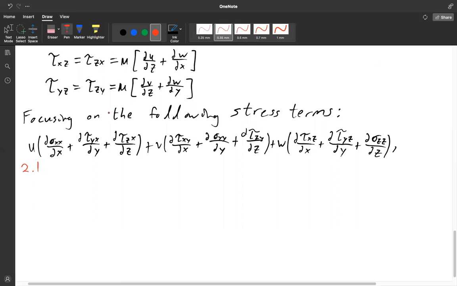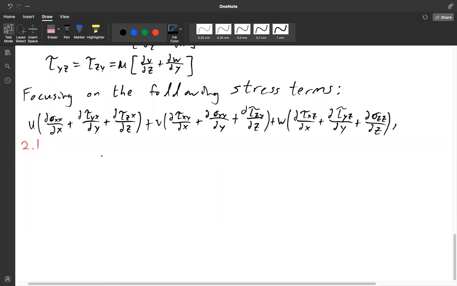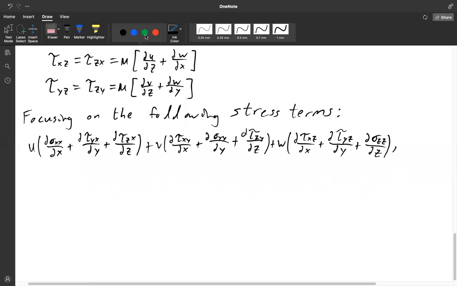We'll call this equation 2.1. We'll call this 2.2, call this 2.3.